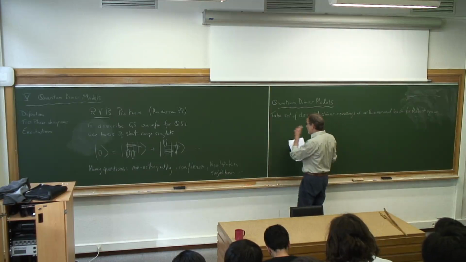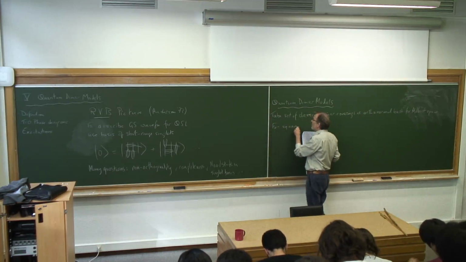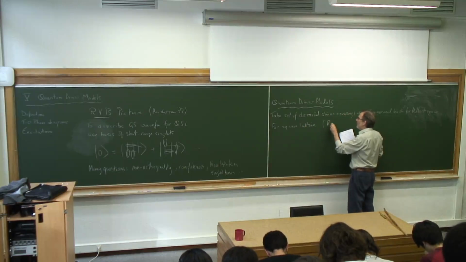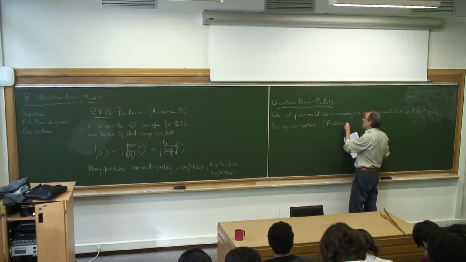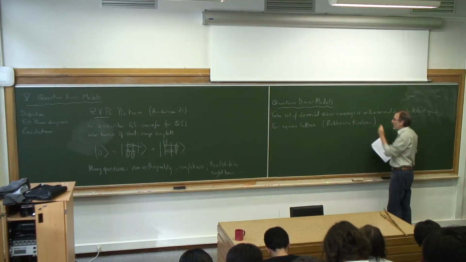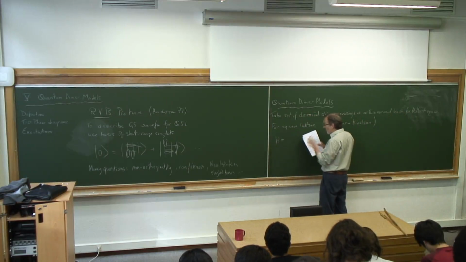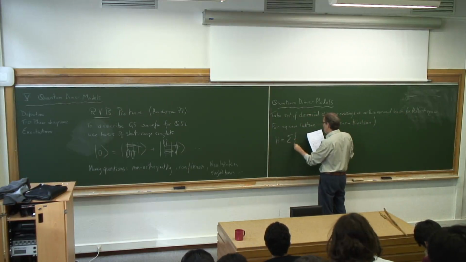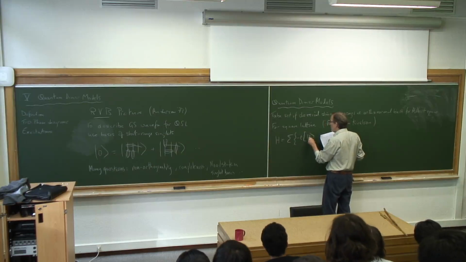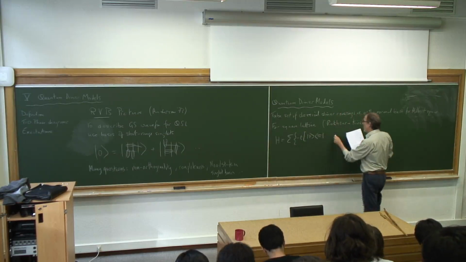And the suggestion for the square lattice by Rokhsar and Kivelson looks schematically, and I'll write it down in the conventional way and then explain the meaning in a bit more detail. It looks schematically like this.